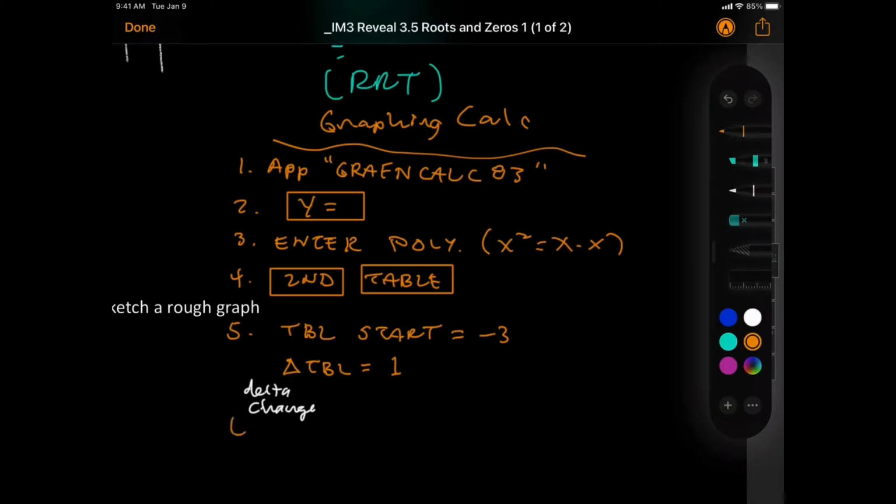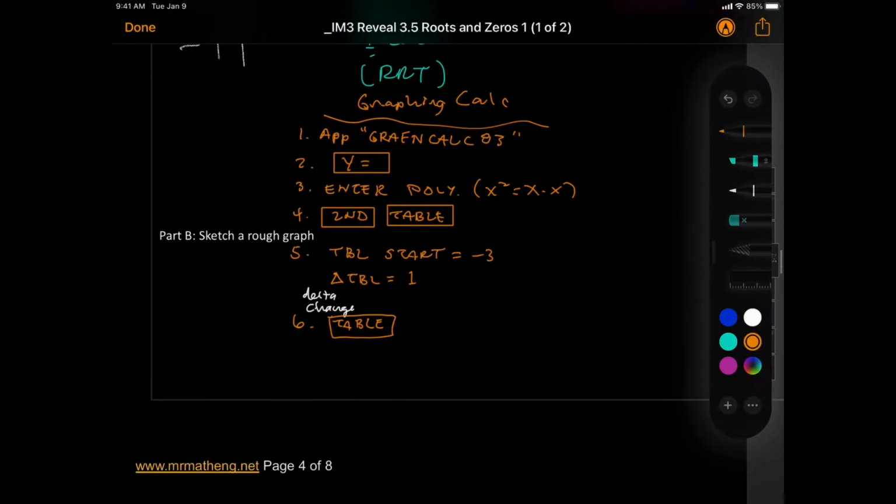And then number 6, you're going to go back to your table. And what you're looking for is a reminder. This is actually from the previous lesson that you guys did in this module or chapter, the remainder theorem.